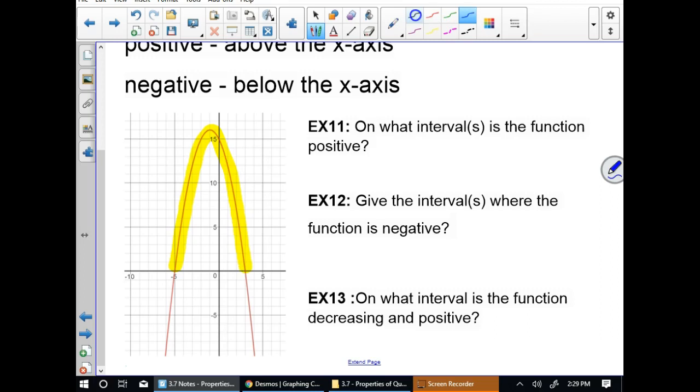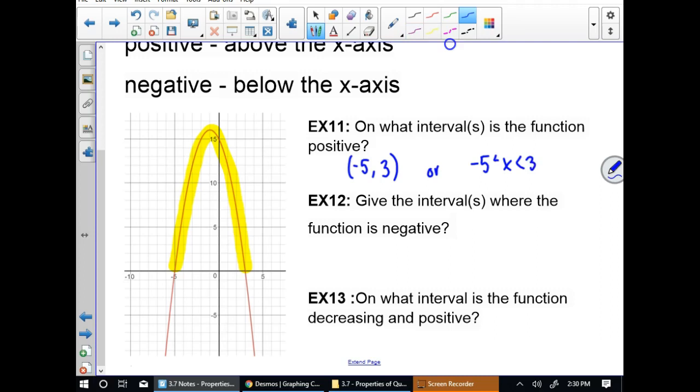So, in this case, we would say that the function is positive from negative 5 up to positive 3, right there on the graph. Or, if we want to use inequality notation, negative 5 less than x less than 3.